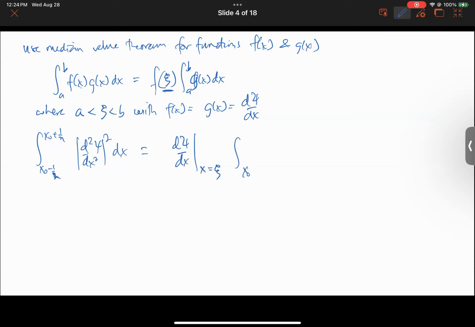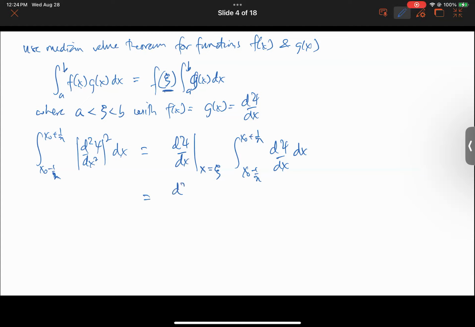Then yung limits of integration x naught minus 1 over eta, x naught plus 1 over eta, and d psi dx, dx. Okay? So anong makukuha natin dito ngayon?